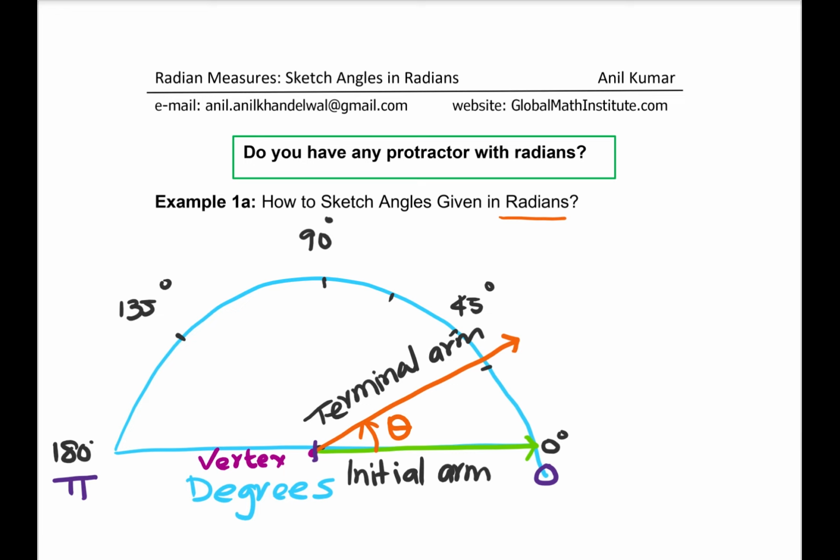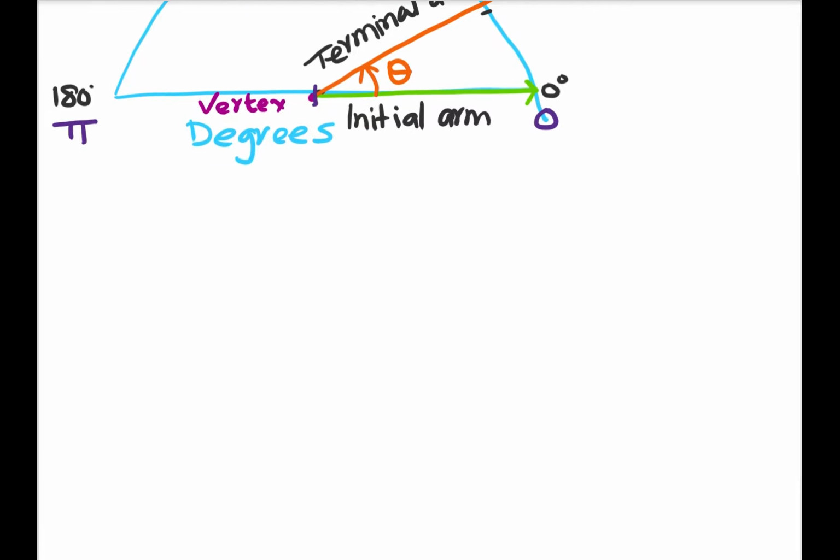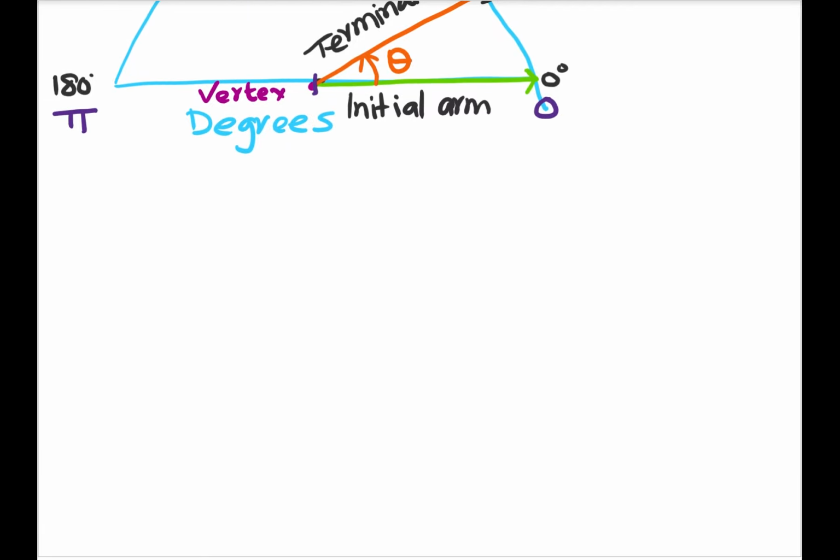You can think about a D which is calibrated from 0 to pi, and we can divide the angles in between as pi by 2, pi by 4, and so on, and get our measurements in radians, right? So I hope the concept is absolutely clear. With this in mind, let's move forward and take some examples.